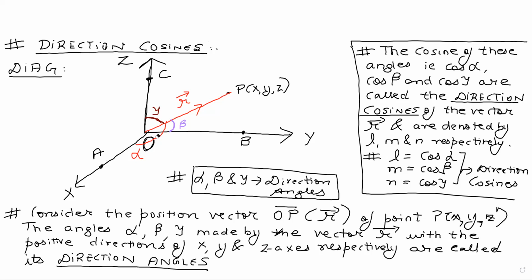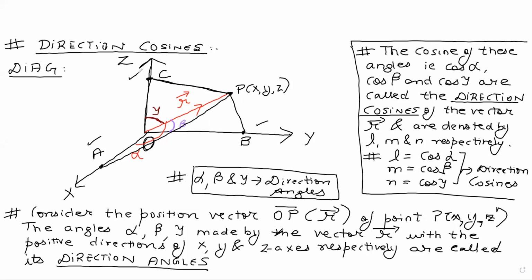So I am joining points A and P, points B and P, and also points P with C. So basically the point P, I have joined with point A on the x-axis, point B on the y-axis and point C on the z-axis.